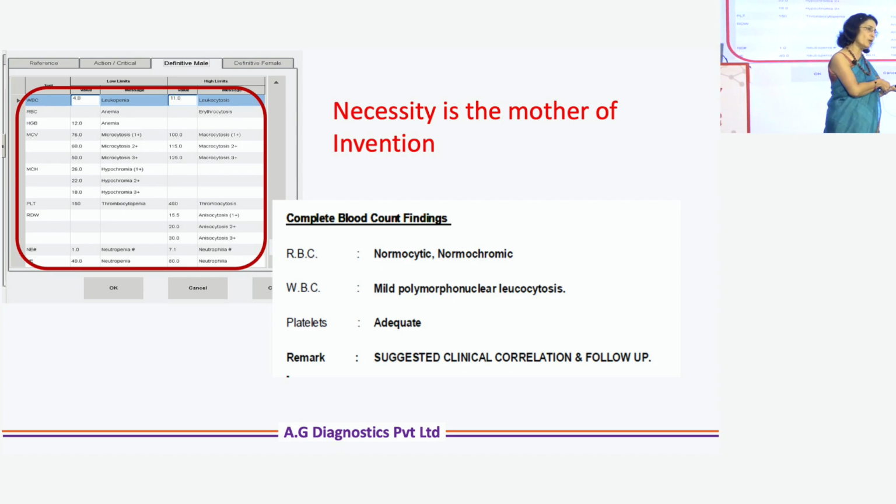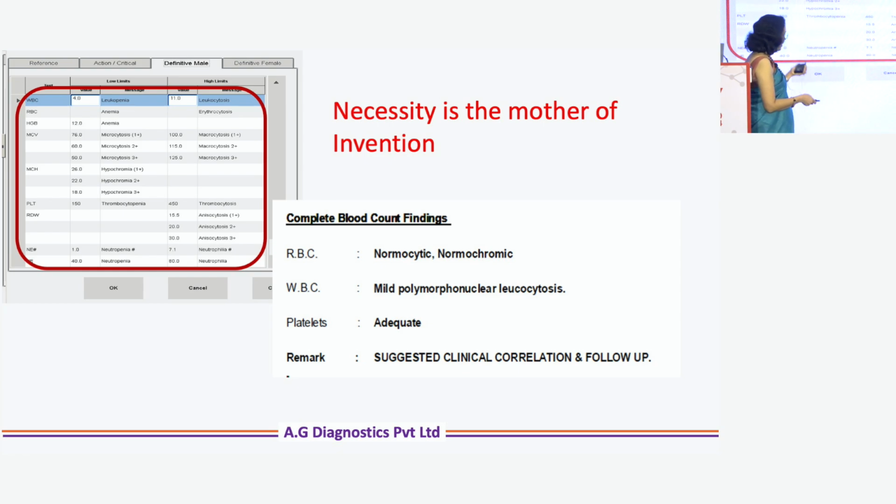So for all hemogram requests, there's always a PBS made and the PBS was being seen. But with the increasing numbers now, we could do some things like this, where for the very standard patients, we could give the descriptive findings also through the LIS itself.